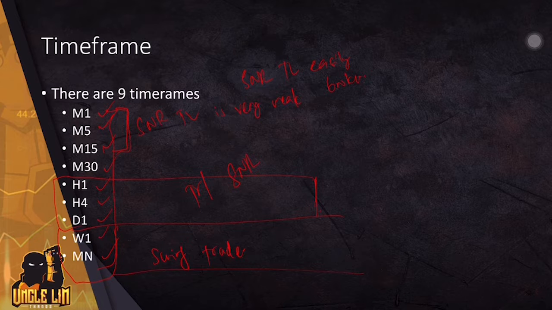Those are used for scalping technique, but Uncle's technique cannot be appropriately used in these lower time frames of M15, M5, and M1. Uncle's technique is mainly used in H1, H4, daily, and above. And for your daily trade, these 3 time frames are enough.